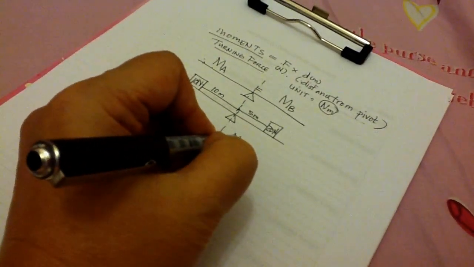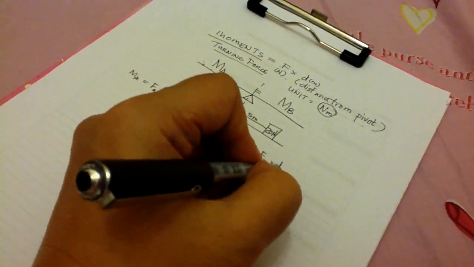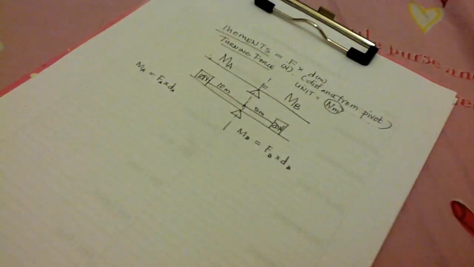Moments of side B is equal to the force of side B times the distance from the pivot of side B.